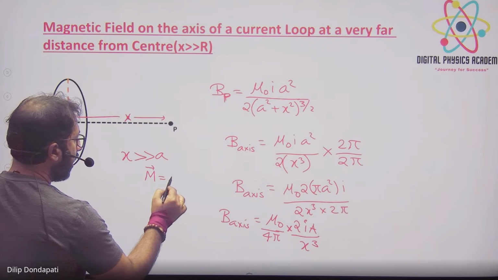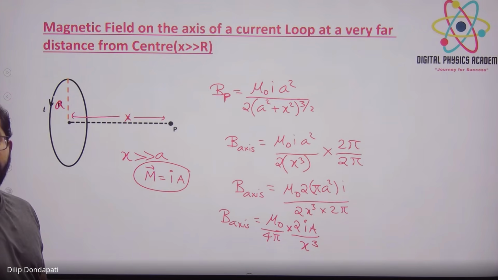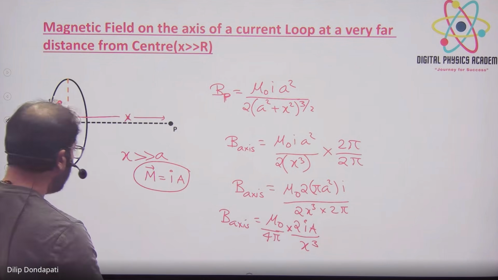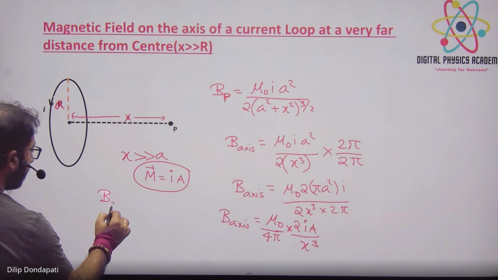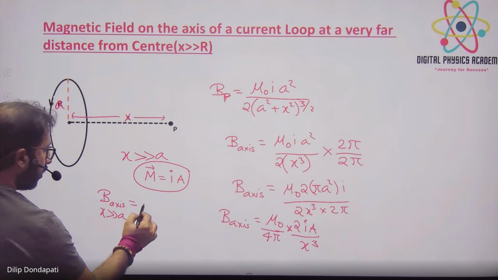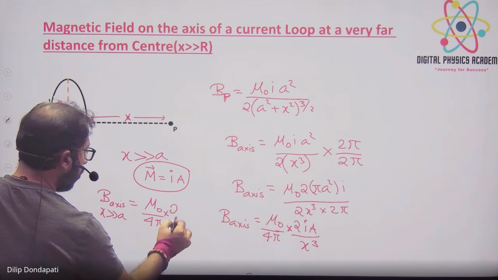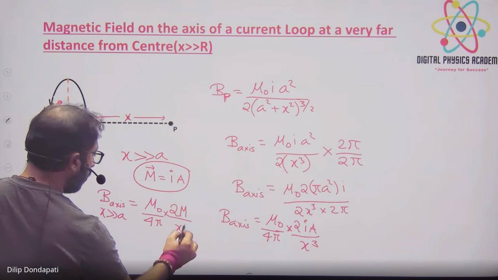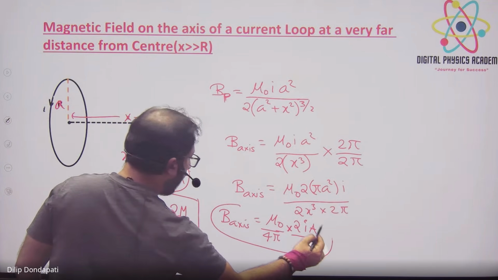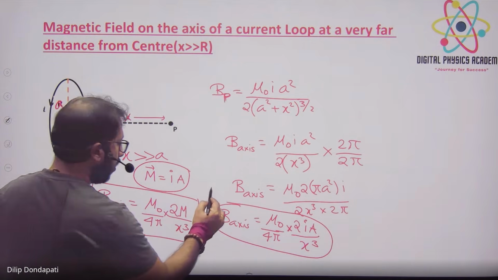The formula for m is IA. For a current carrying wire, magnetic moment is nothing but IA. So if I substitute m in place of I a, B at axis where x is much greater than a is mu naught by 4 pi into 2m by x cube. Look at this formula: if you put IA in place of m, this comes. So remember this.